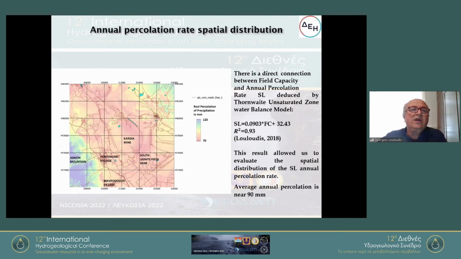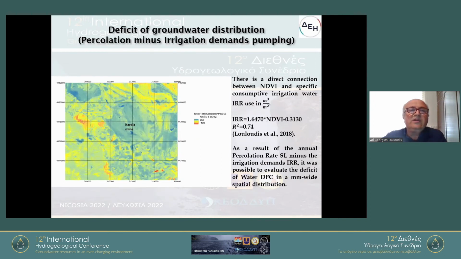Here you see the annual percolation rate spatial distribution in the area of Kardia mine. And here we have the deficit of groundwater distribution in millimeters.